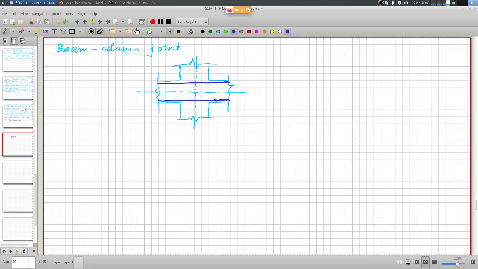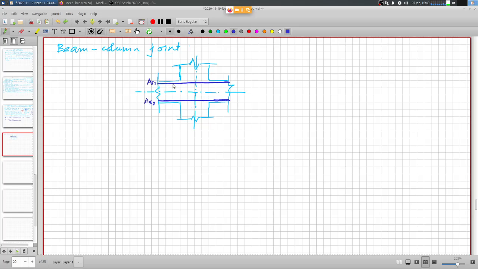It goes across the beam column joint, and this has already yielded. So let's say this is AS1 and AS2.